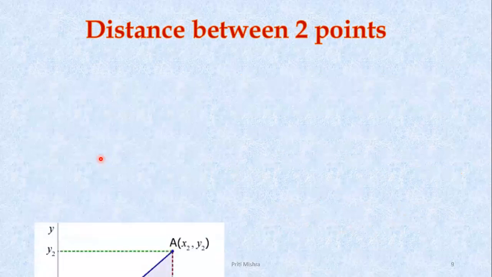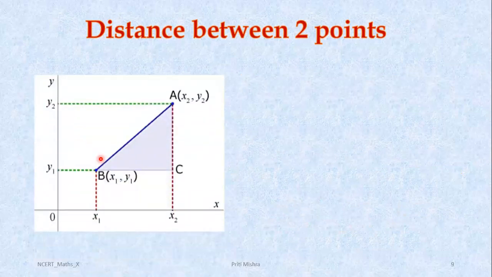Now, if we have to find out the distance between 2 distinct points, meaning one of the points is not the origin: if A has coordinates x2, y2 and B has coordinates x1, y1, then how will we find the distance AB? Here you can see the distance from O to C is x2, and from O to B is x1.